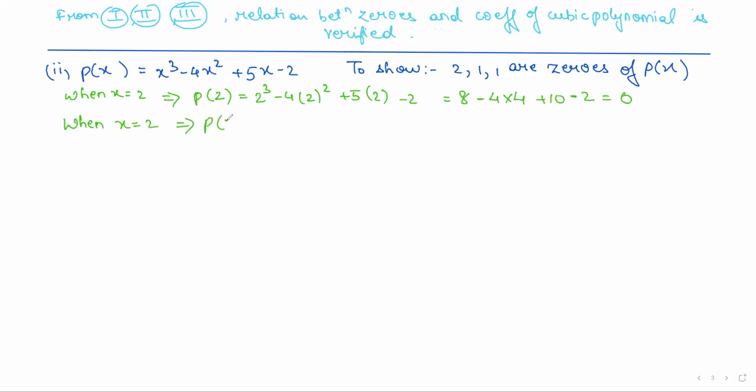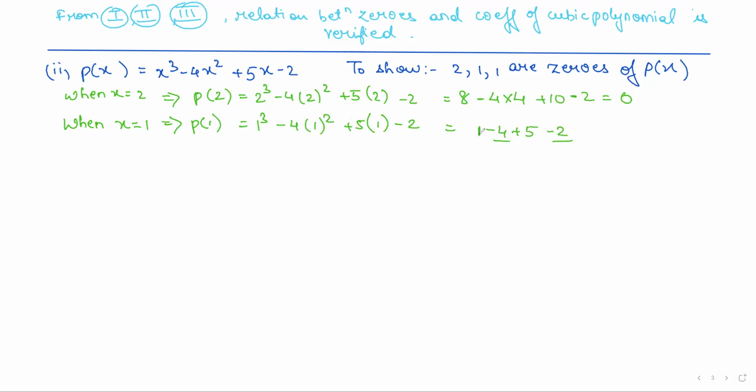P of 1 is equal to 1 cubed minus 4 into 1 squared plus 5 into 1 minus 2. So this is 1 minus 4 plus 5 minus 2.